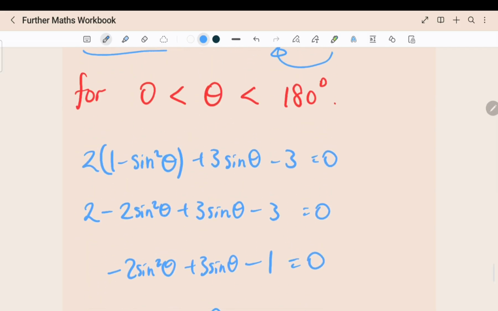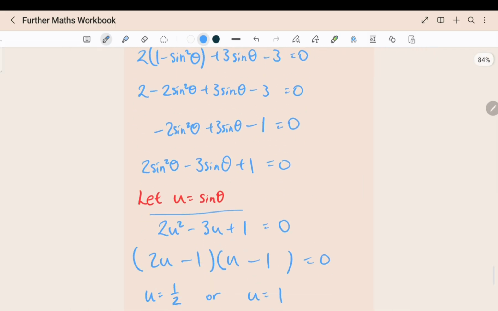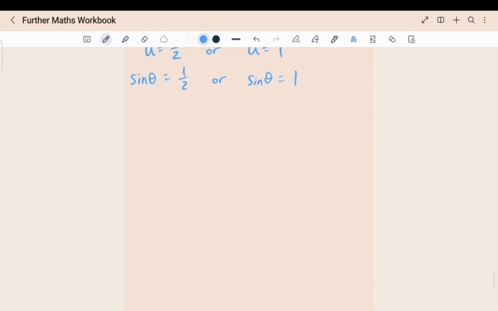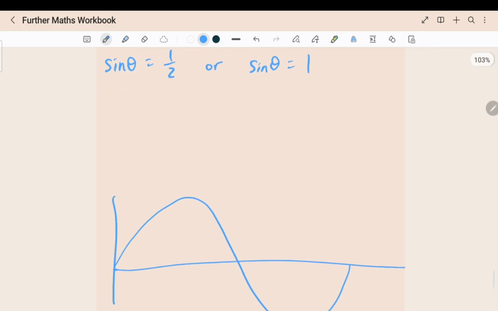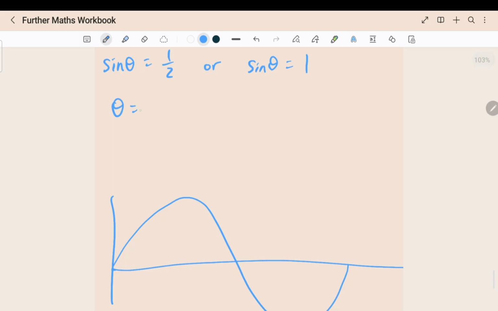And we're solving between 0 and 180 degrees. So we need to consider all the possible solutions. So if we draw the graph of sine, we see that theta is 30, obviously, because of exact values. But we also need to consider the symmetrical value for a half, which is 120 degrees.